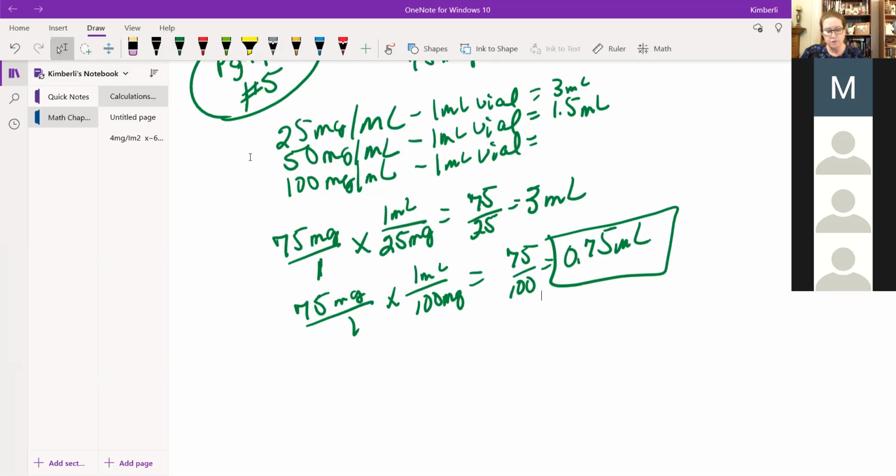Okay, so why did you choose this vial? Because we want it to be less painful. Smaller volumes are less painful. What volume is needed per dose? We already did that, 0.75. Indicate the amount of medication on the appropriate syringe. Depending on which, you could use either one of those syringes. You have a 1 ml and a 3 ml syringe, so you could pull up 0.75 on each one of those.